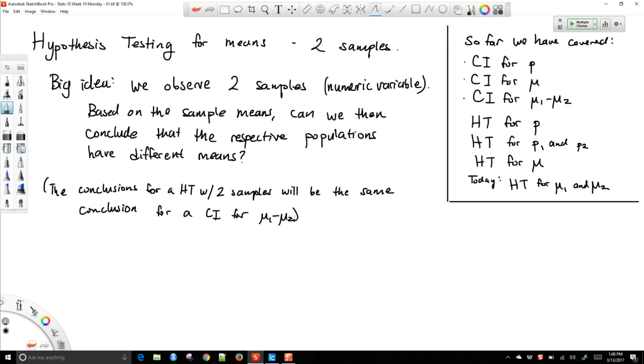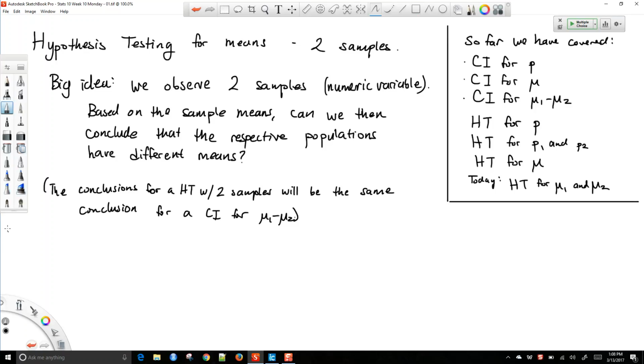If the confidence interval says we have evidence of a difference, then your hypothesis test will also say we have evidence of a difference. All right, so we'll go through the process, do some examples, and then talk about some of the finer points.